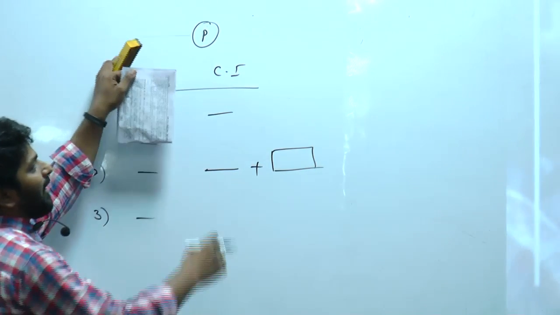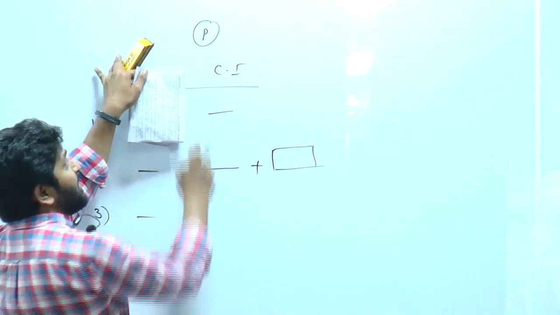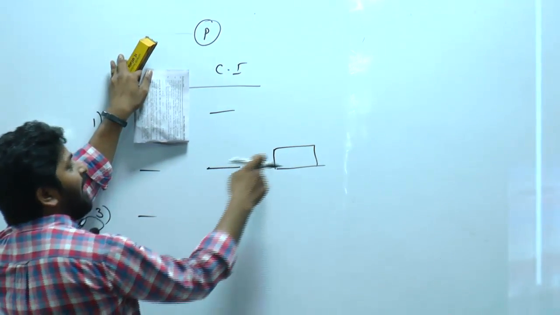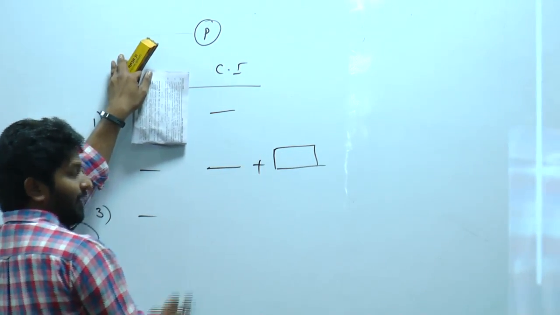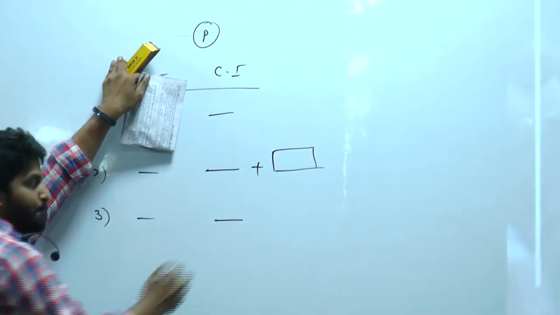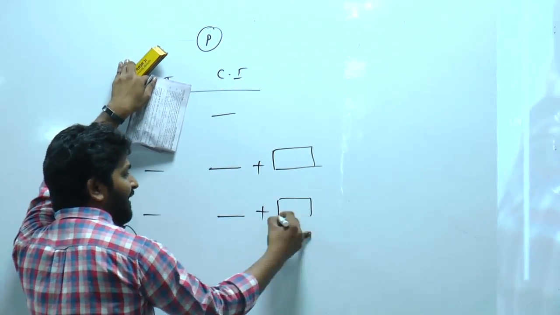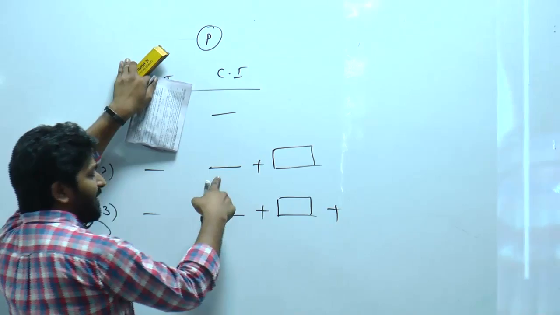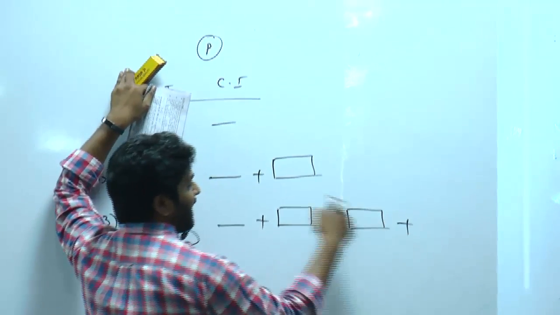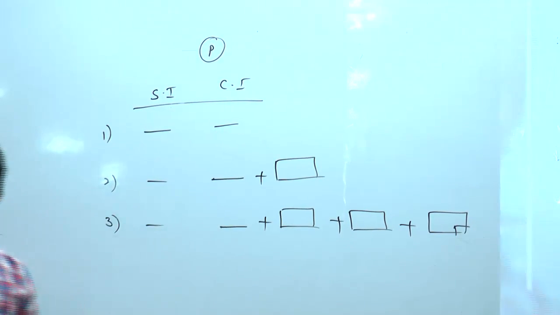Now, to calculate compound interest for the third year, you have to calculate X% on principal, X% on this number, X% on this number, X% on this number, right? On principal, we are going to represent it with the symbol, plus X% on this, already represented with a rectangle, plus X% of this, again represented with a rectangle, plus X% on this number, represented with some other symbol.